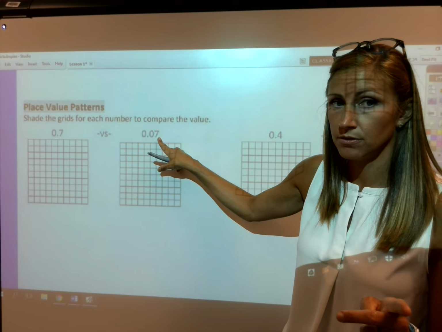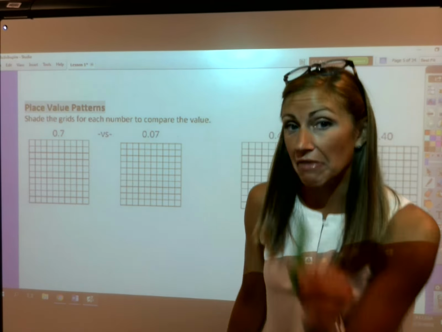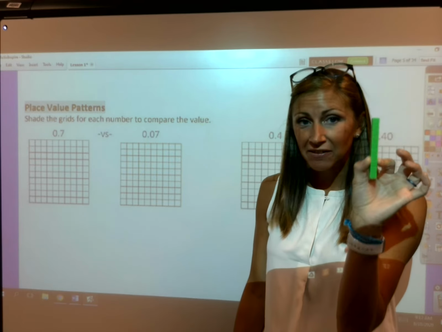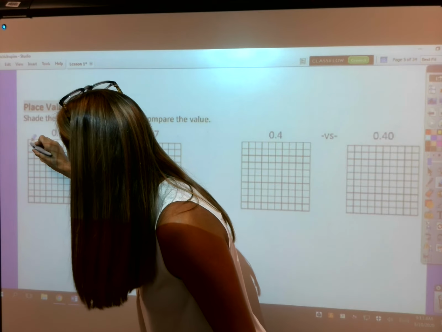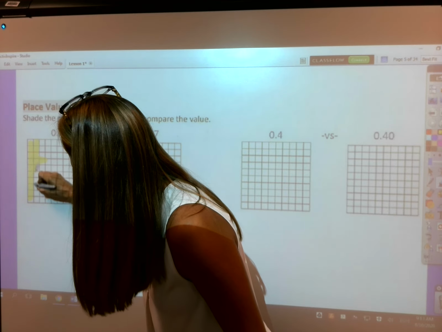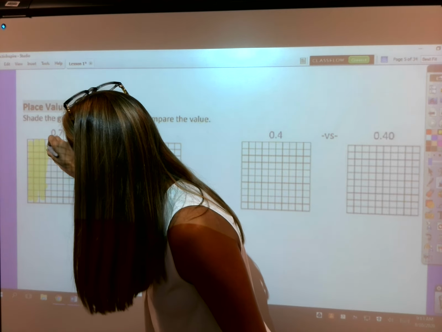So if I have 7 tenths, and this is 10, how many of these do I need to shade in? I'll get my highlighter. You should shade in 7 tenths. So I have 1, 2, 3, 4, 5, 6, 7. 7 tenths.